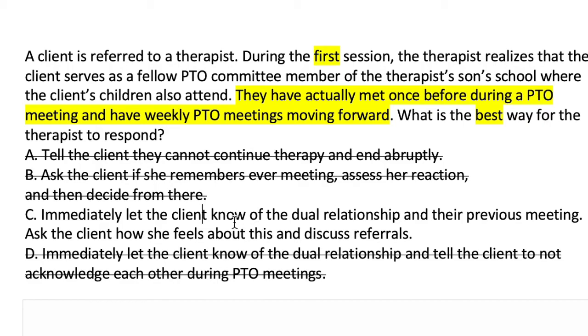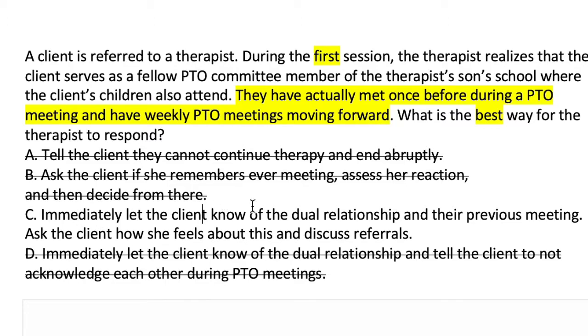And then from there, because this is not a friendship or family member, this is a little bit more blurry. This probably would involve more supervision or consultation with another clinical therapist to discuss what is going on here. Ideally, it would be best not to have this dual relationship and not to be the therapist, especially because this is just the first session.